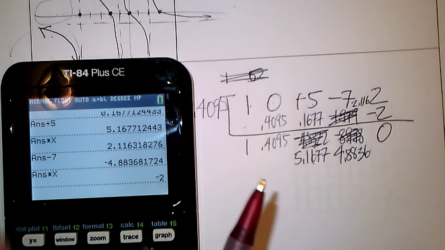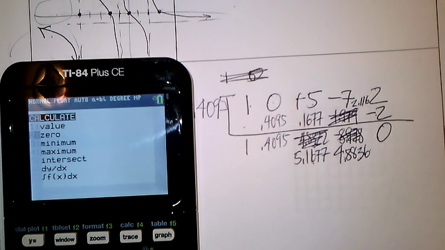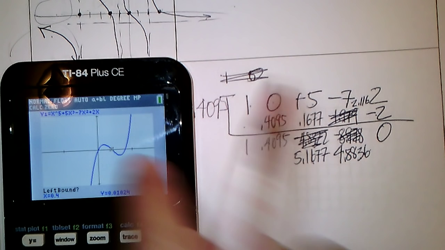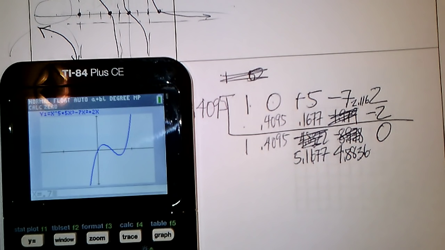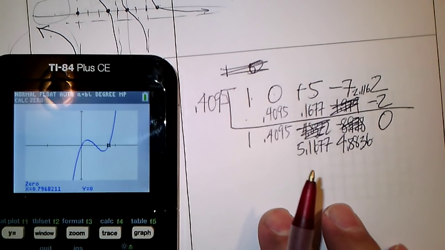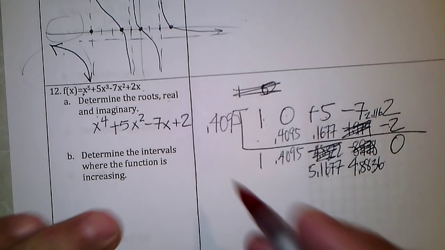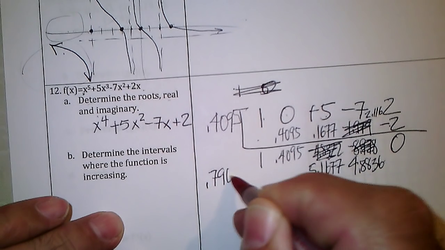So the other one, second to calculate, the 0, that's between there and 1, and it's about 0.7, and it says no, 0.7968.